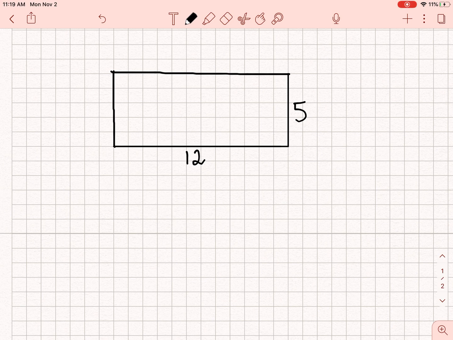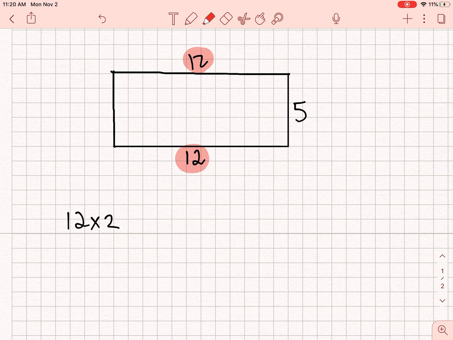So last time we started with the width or the base, which was 12, and we knew that the width for the base was the same for the top and the bottom. So that's like saying 12 times 2. All right, and then we added that with the sides. So that was like 12, and this was 12.